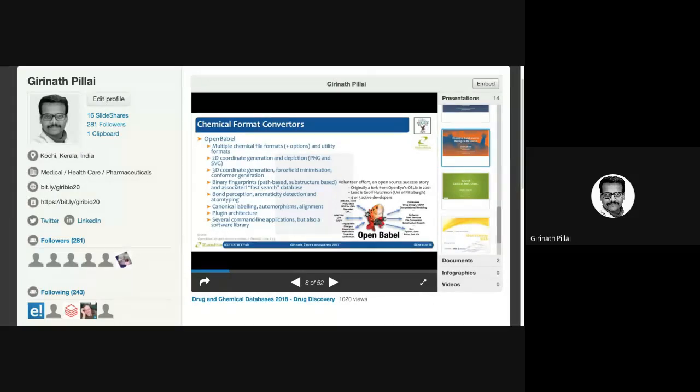So you have a free package called OpenBabel. OpenBabel will help you convert multiple chemical formats to other formats, as well as do 2D to 3D conversion. 2D structures have x and y coordinates, but when you go for a 3D structure, you have x, y, and z coordinates.